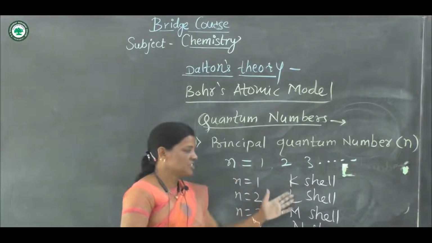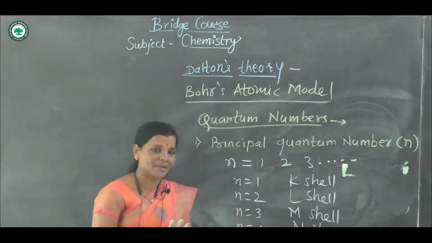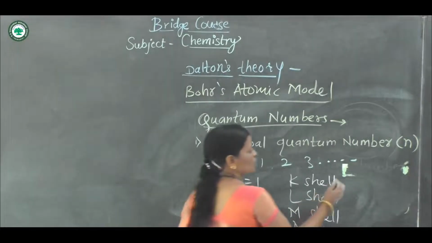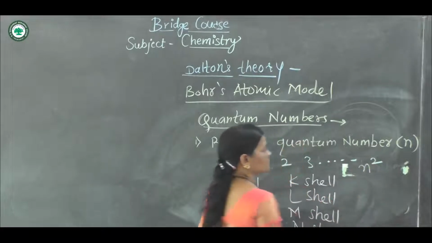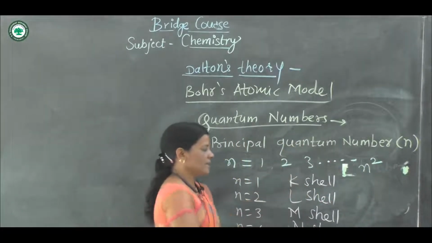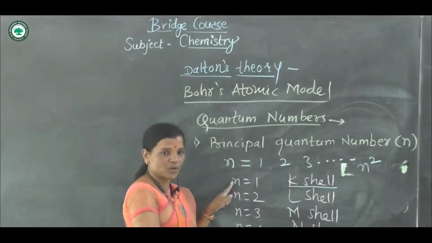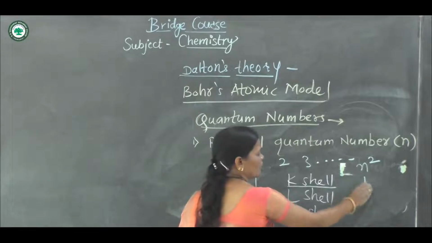All these shells have different capacity of electrons, and what is that capacity? That is given by the formula n square. For the K shell, the value of n is 1, so we get 1 square, 1.